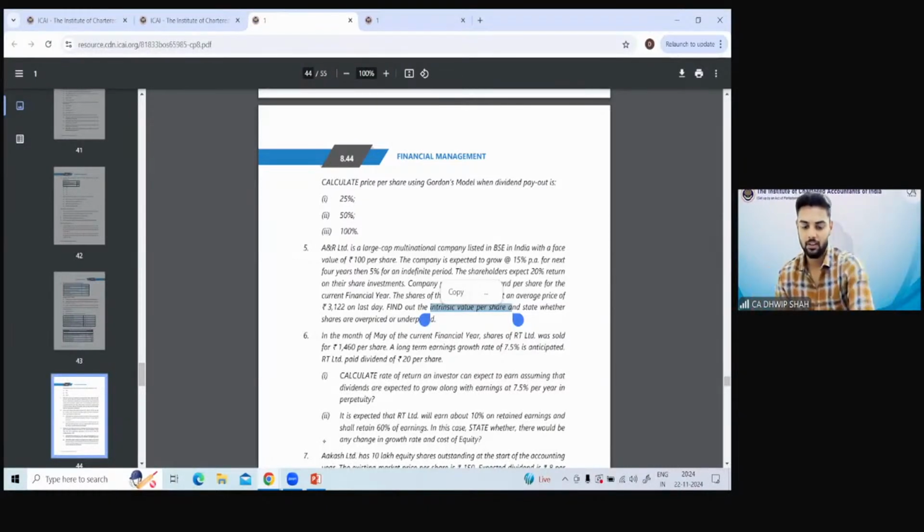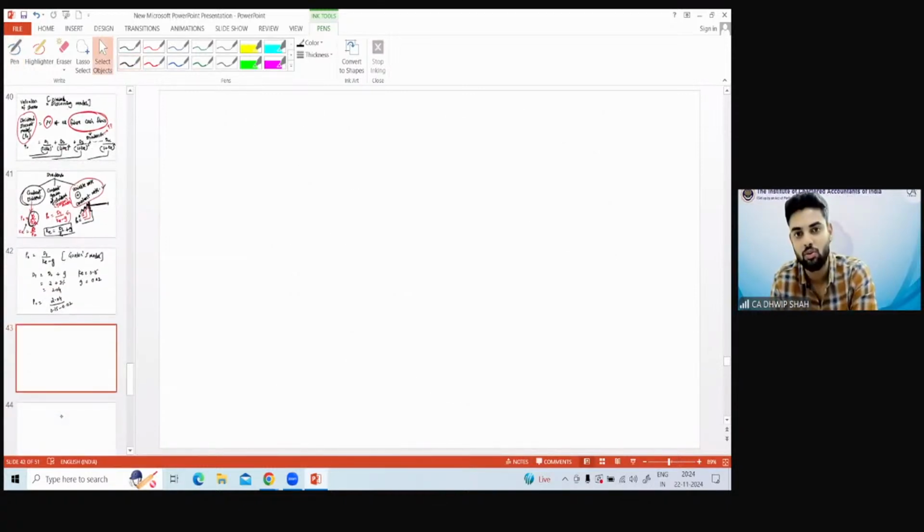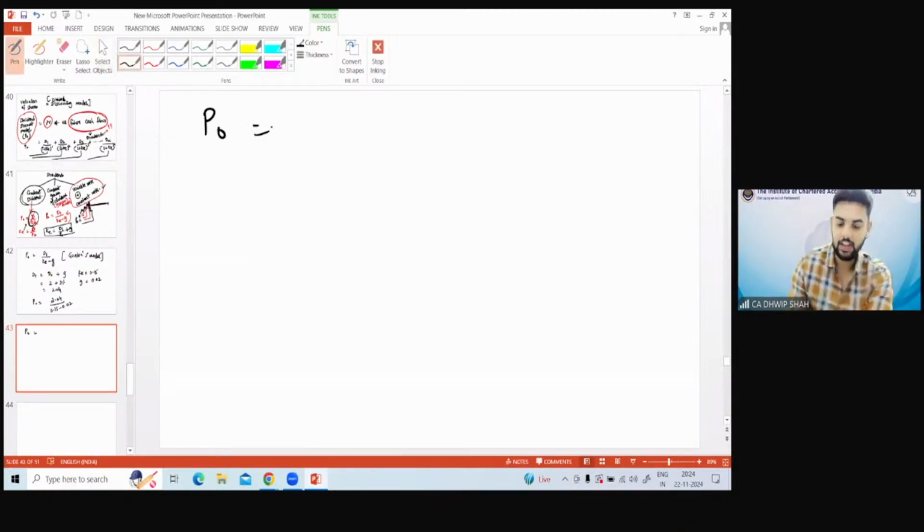So theoretical price, intrinsic price, fair value, true value, everything means the same, P0. Correct? So we know that P0 is nothing but discounting of future dividends. Yes or no?